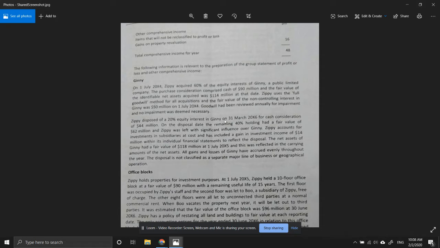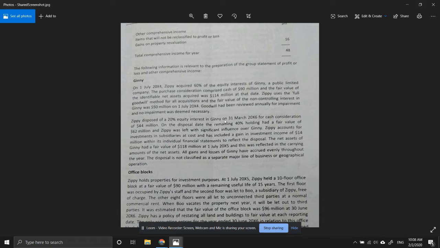Even if the holding is only 40%, but the BOD representation is 60%, that might mean the company has control over it. What we need to figure out is the economic substance, not the legal form, because legally you might see that it does not have any control, but in economic substance it might have control. So we need to look for that.